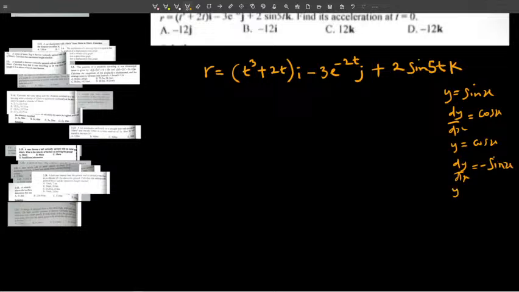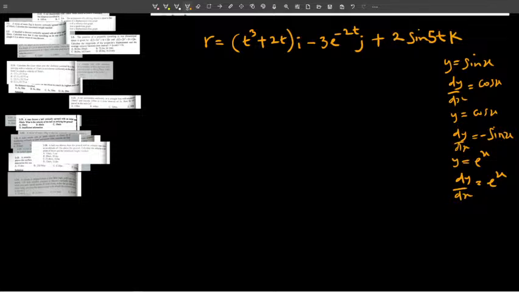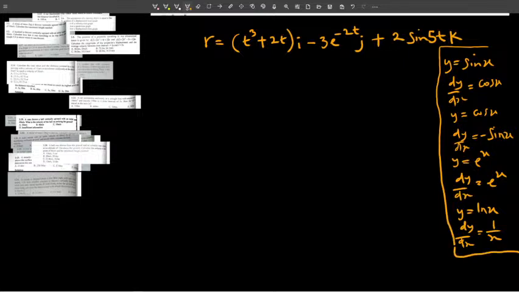If y is e raised to x, dy/dx is also e raised to x. And if y is equal to ln x, dy/dx will be 1 over x. Okay, so let's box this somewhere if we're going to need it.